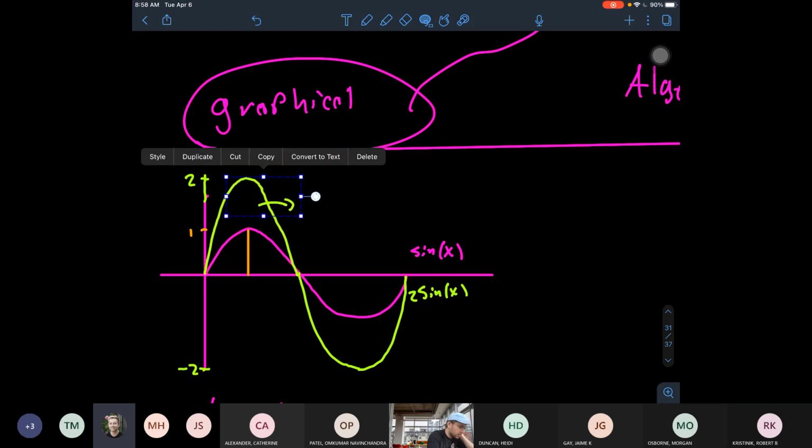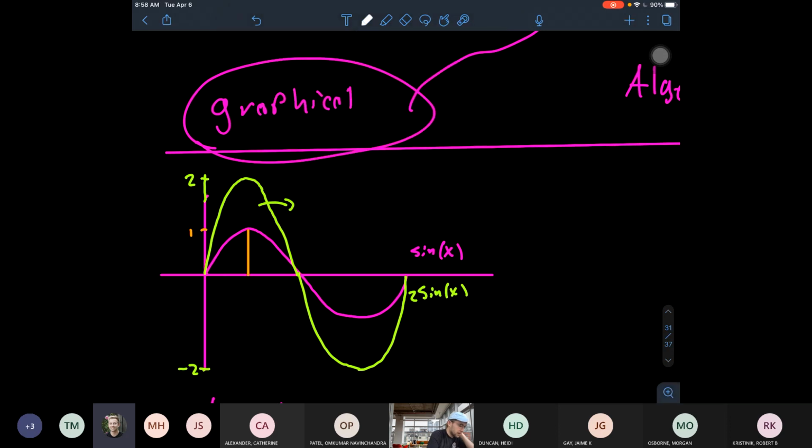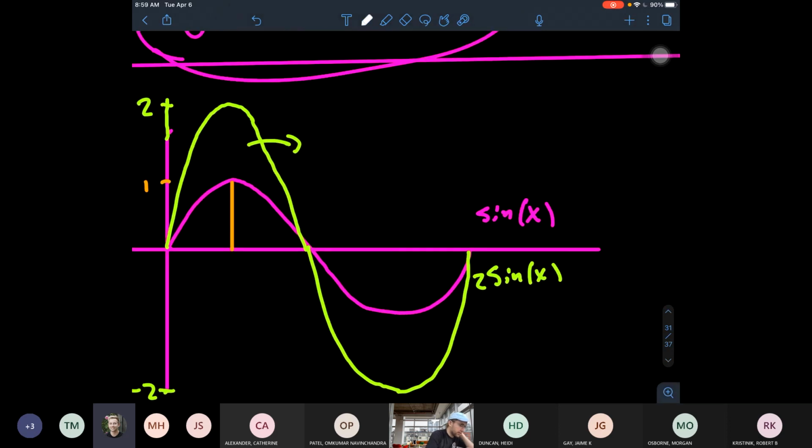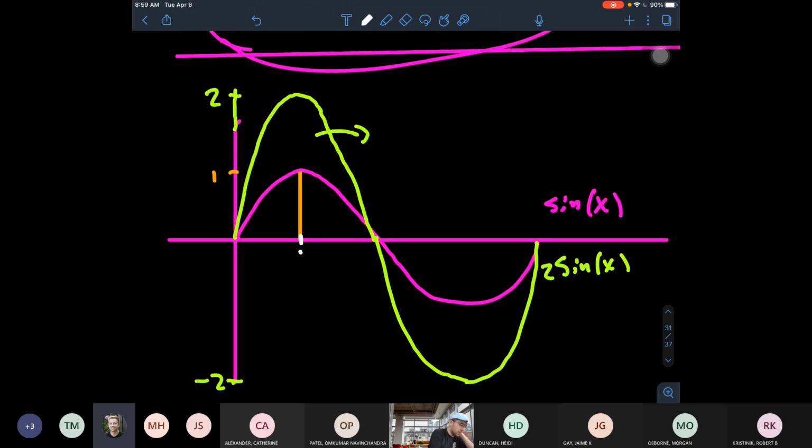And of course, I didn't draw it as a single thing. So why don't I just draw it with orange? We pick the whole thing up and we move it over by pi over 4 units. Now I know that this orange line here is at pi over 2. So if I move everything over by pi over 4, then it looks more like this.